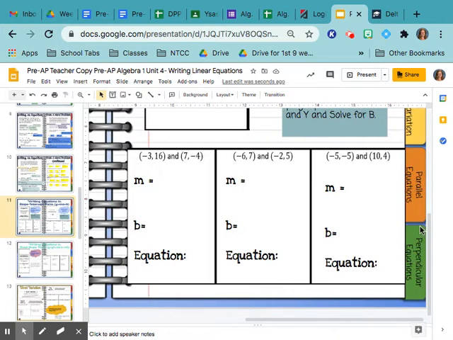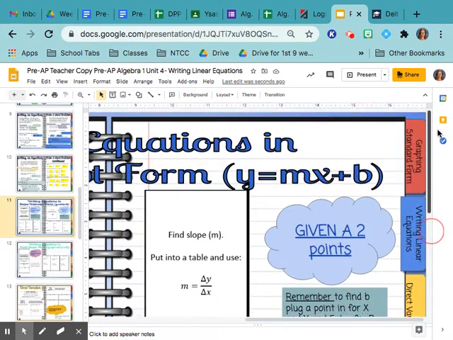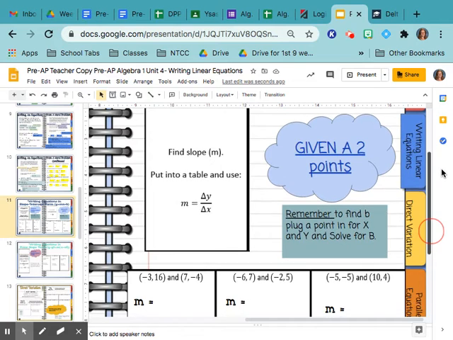Okay, let's go to the other side. Now we are going to do a problem where we have to find the slope and then find the equation.